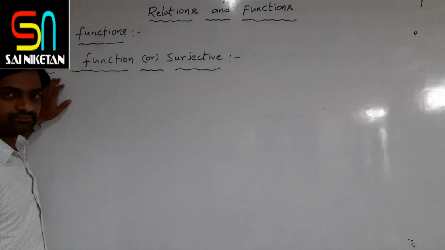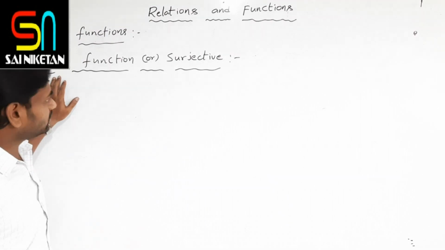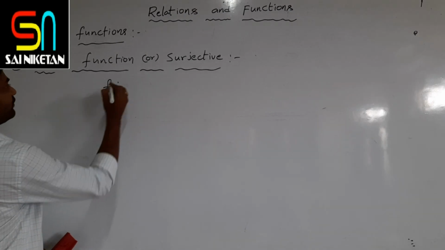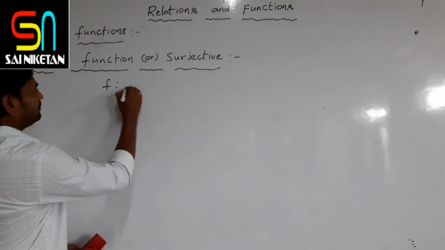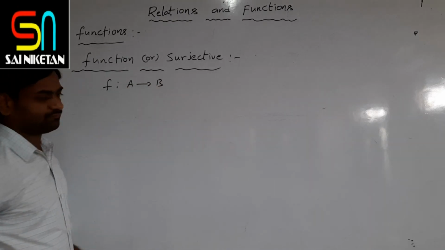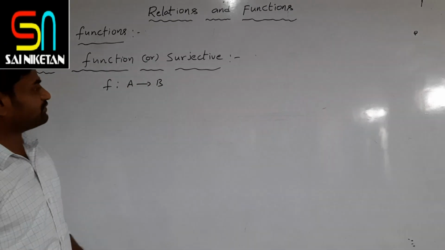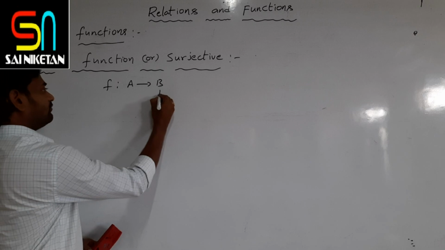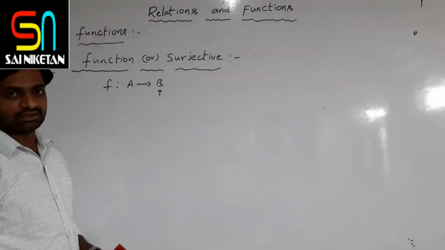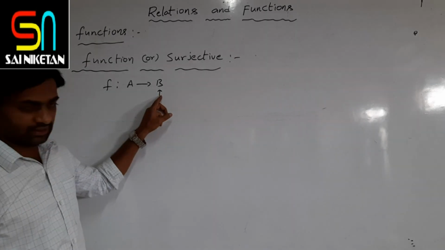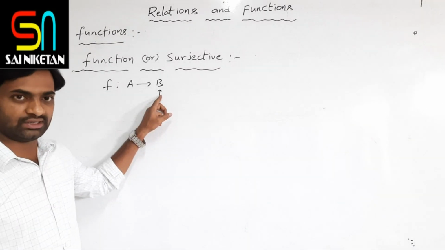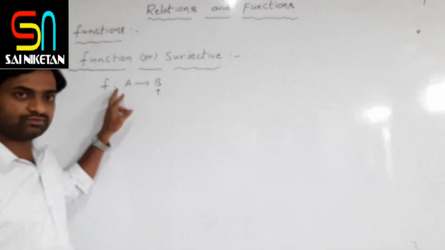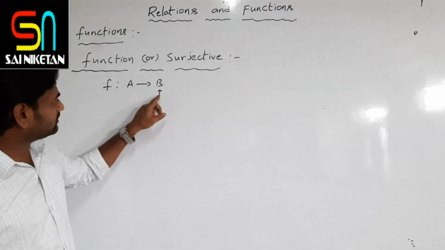Coming to the next one. Next function is onto function, or surjective. Now see here, say I am taking some function f from capital A to capital B. It is a function I am taking. When can you say this function is onto function? It means every element of set B is the image of at least one element of set A. Listen again.